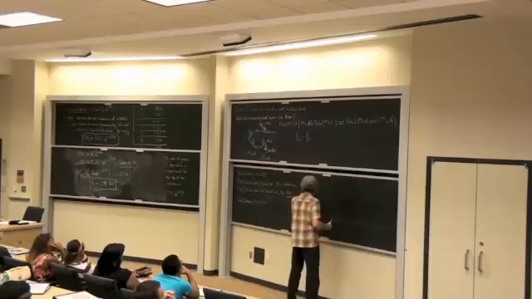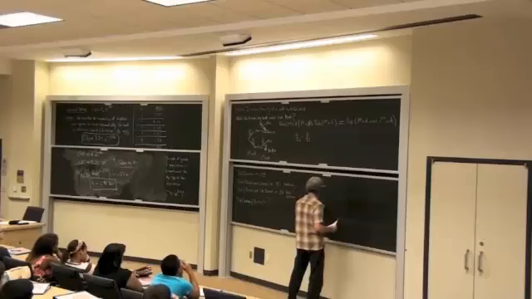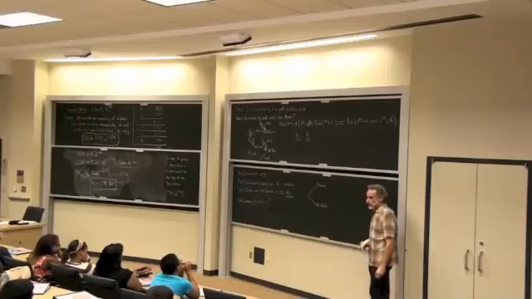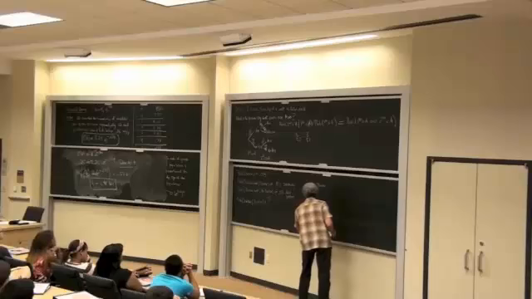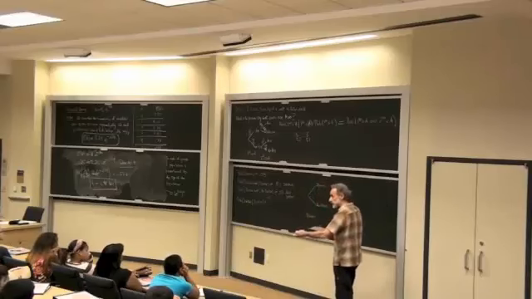So first division is disease, no disease. So this is the disease step. And here we put the probabilities that we were given.